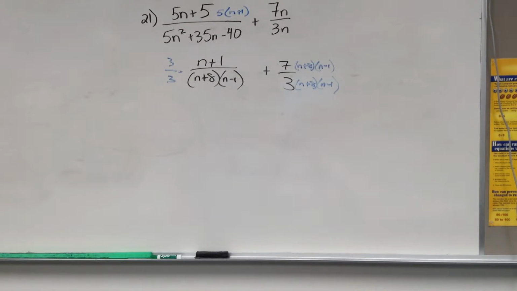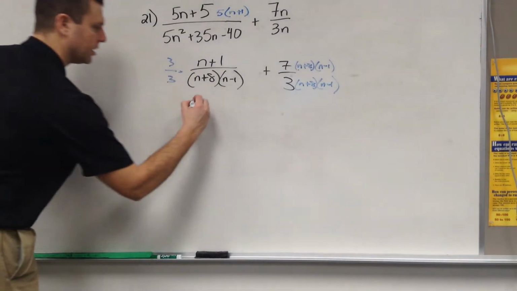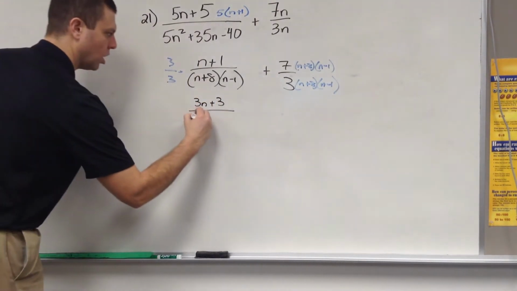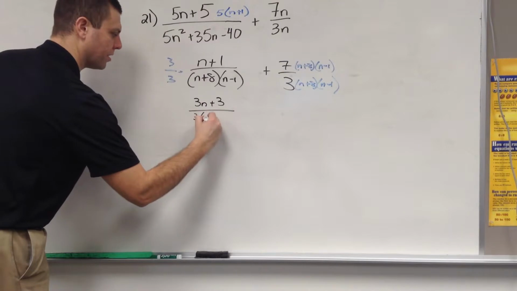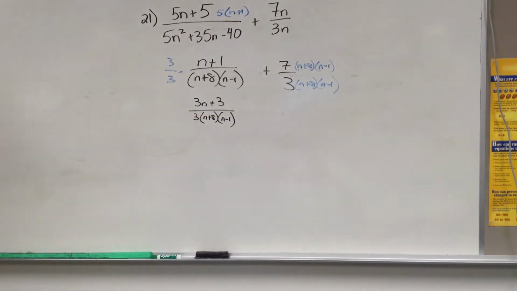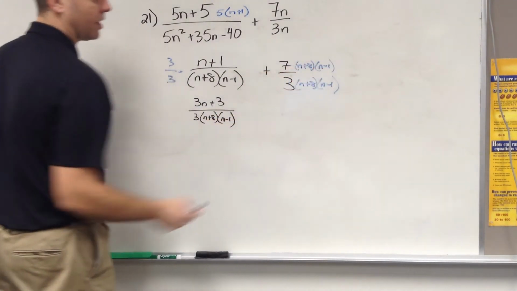Okay? So, the first one's pretty simple. 3 times n plus 1 is going to be 3n plus 3, all over the common denominator, 3 times n plus 8 times n minus 1. The second one takes a little bit more work. I have to take 7 times n plus 8 times n minus 1.